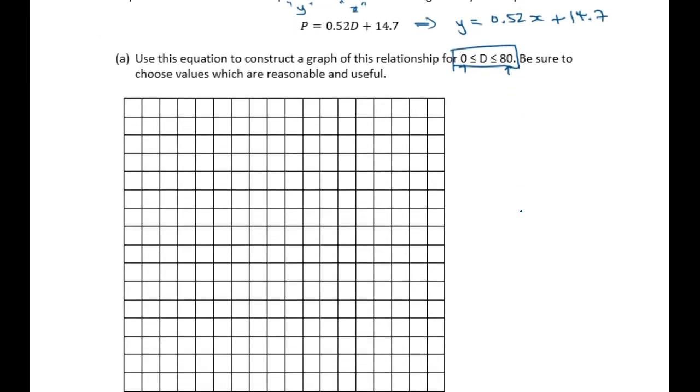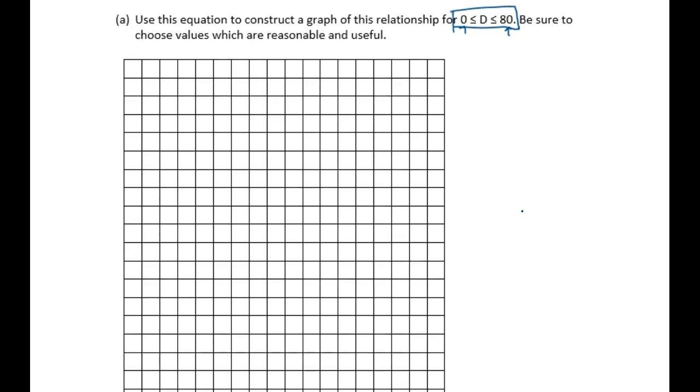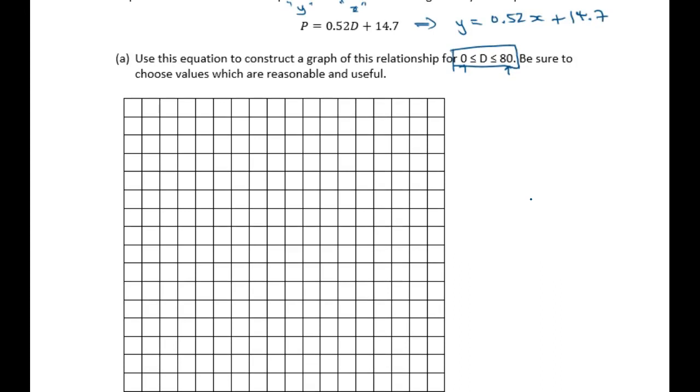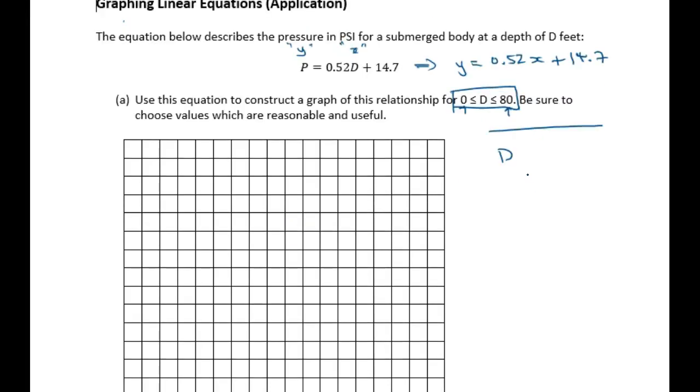I like to use my endpoints. So I'm definitely going to use 0, and I'm definitely going to use 80. And then it's really about deciding what other points you want to put in between. I'm going to go up by 20s. I'm going to create a table of values for D, and then substitute that in to find my values for P. D is like my X value.